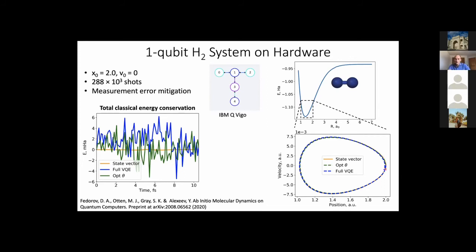And here you can see that this looks pretty good. After a single loop, we end at the same point.